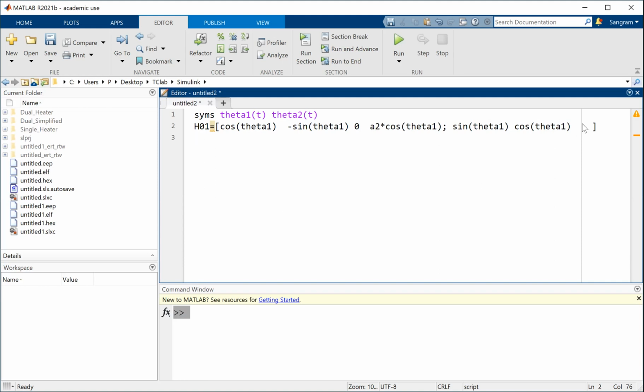Sine theta 1, cosine theta 1. What else did I miss? There will be 0.